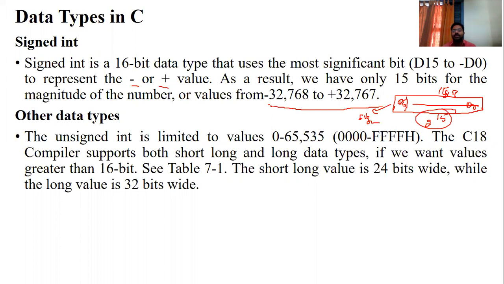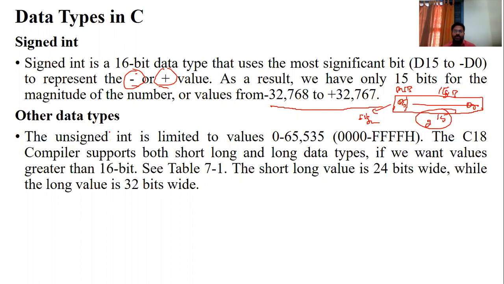So minus 32,768 to plus 32,767 values. So one bit, the MSB, is assigned for the sign bit. 0 means it is a positive number, otherwise negative. What is the range of that value? Minus 32,768 to plus 32,767.